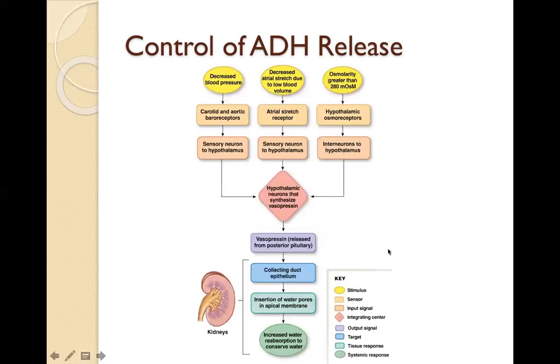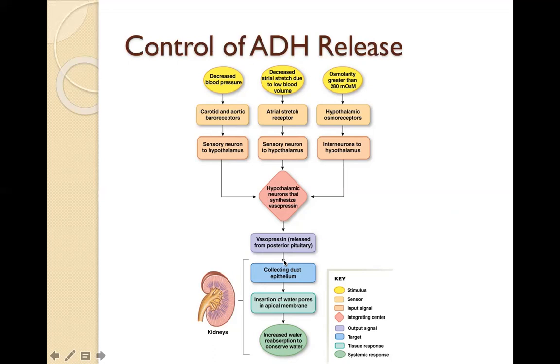So here's the control of antidiuretic hormone release: decreased blood pressure, sensed by the carotid and aortic baroreceptors. A sensory neuron will send a signal to the hypothalamus. The hypothalamus contains neurons that synthesize vasopressin. This vasopressin is sent to the posterior pituitary, where it is released.